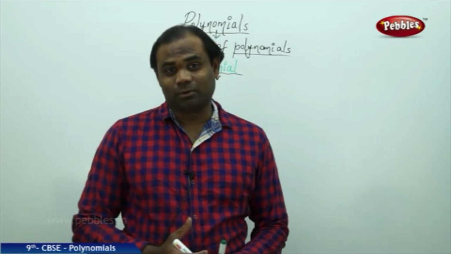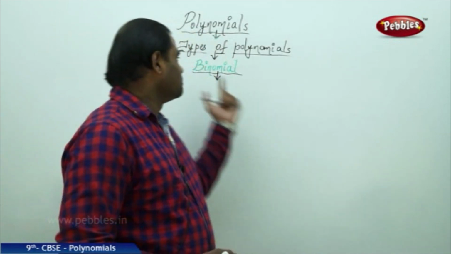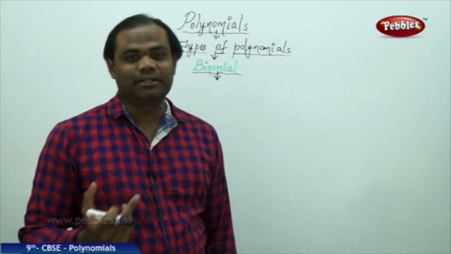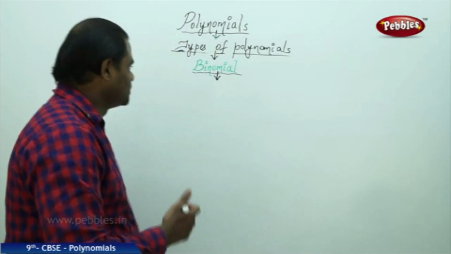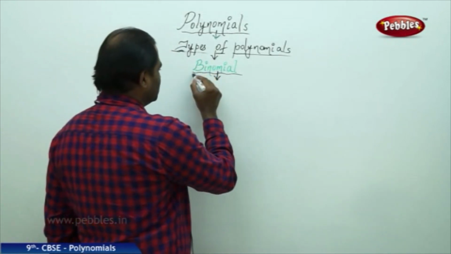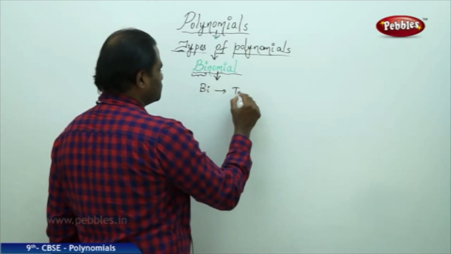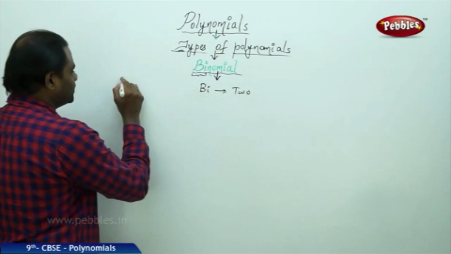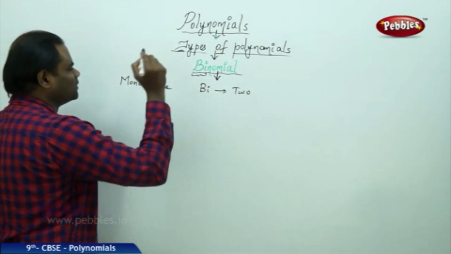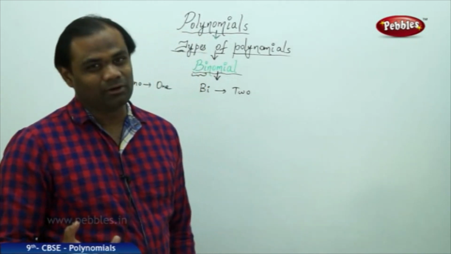The next type of polynomial after the discussion of monomial is binomial. So let's see what a binomial is in the branch of polynomials. As we see the word bi as taken from binomial, it clearly indicates that bi refers to 2, and monomial, which has mono, refers to 1, and therefore binomial refers to a polynomial of two terms.